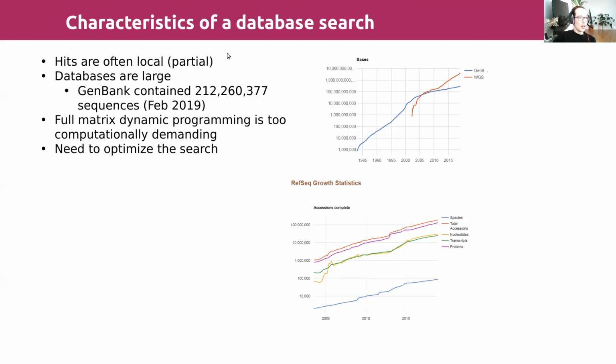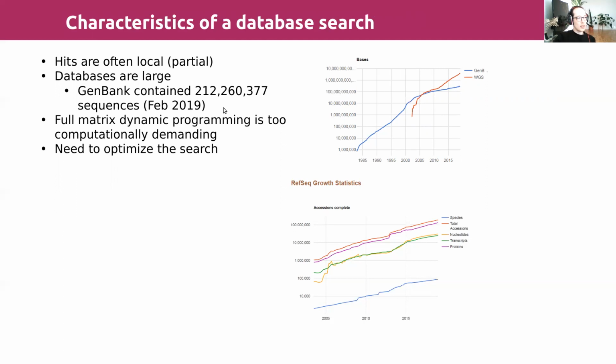So hits in a database are often partial and local. Also, the databases are huge, right? This is GenBank in 2019 had 212 million sequences.